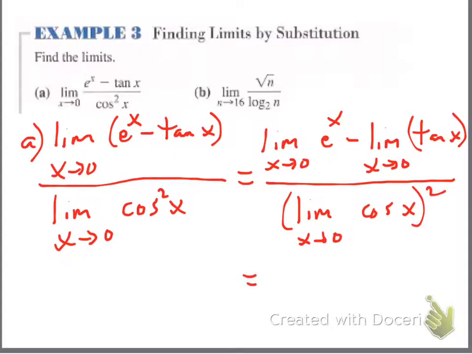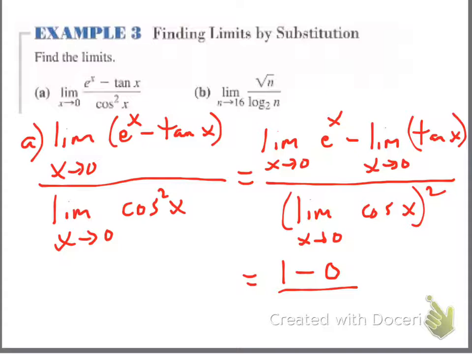Now, as x approaches 0, you can do the graphs of all three of these functions and look at what happens as x approaches 0. As x approaches 0, e to the x approaches 1, because e to the 0 is 1. Tangent of 0 is 0.